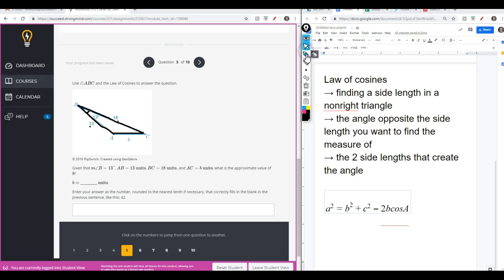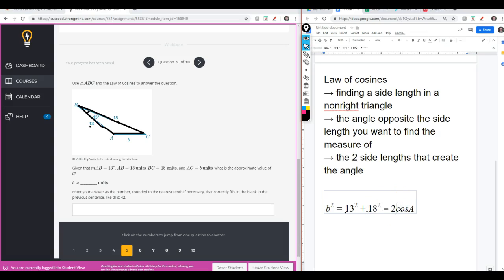Notice that in this, we're looking for the length of little a, and we have the angle opposite it, which is big A. And then we have the other two side lengths. So we're going to just use substitution on this. We're looking for side length little b, so that's the side length we're looking for. We have the two side lengths that create the angle, so we have 13 squared and 18 squared.